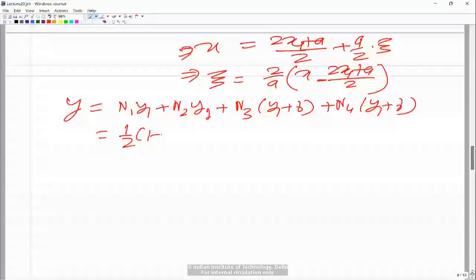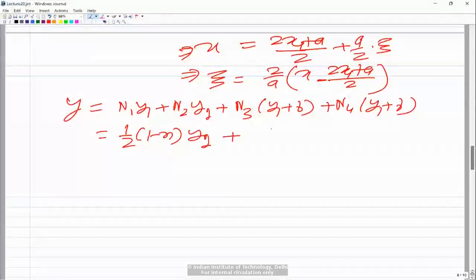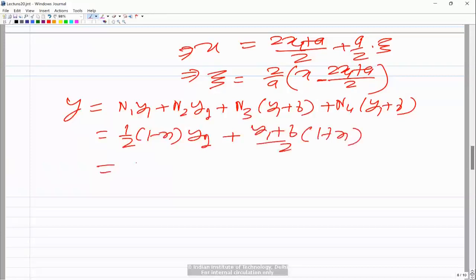Similarly, for n3 plus n4, you can take out 1 by 4, 1 plus eta common, and the inside term would be 2, so you get y1 plus b by 2 into 1 plus eta. If you now take the constant terms together, you get 2y1 plus b divided by 2, plus b by 2 into eta.